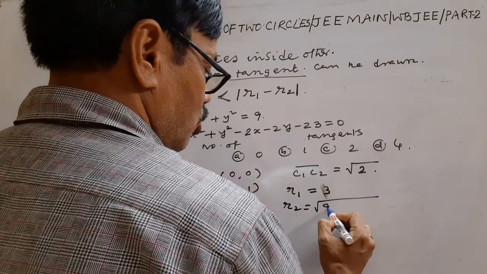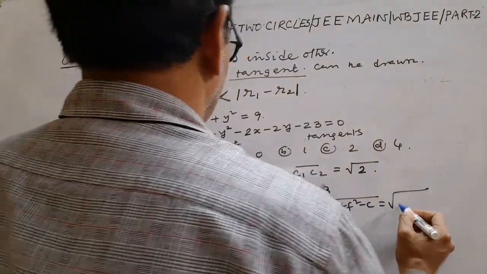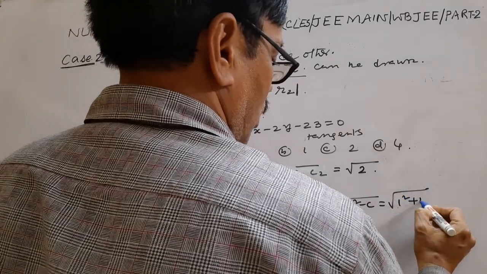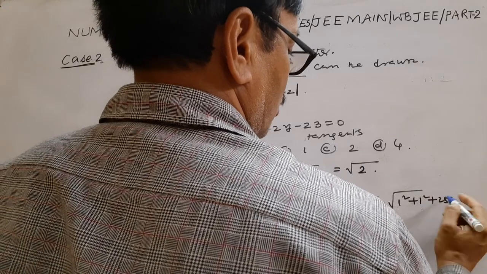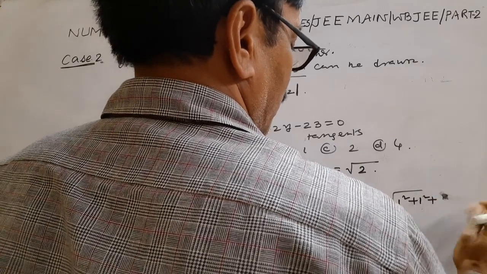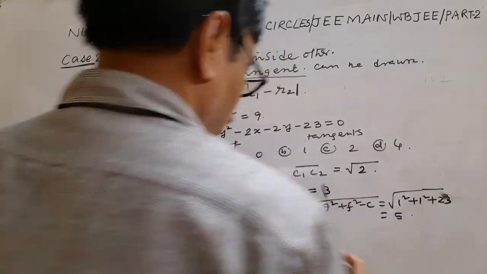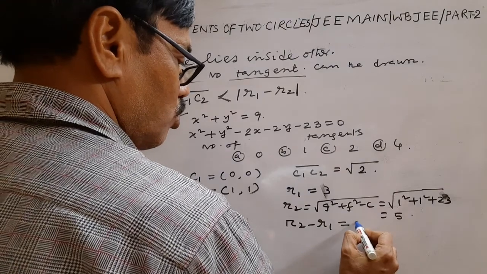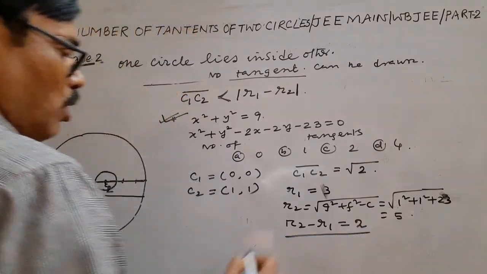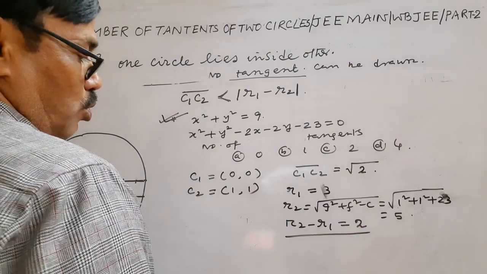Root of g square plus f square minus c, so 1 square plus 1 square plus 23, so it is 25, that is 5. So R2 minus R1 equals 2.